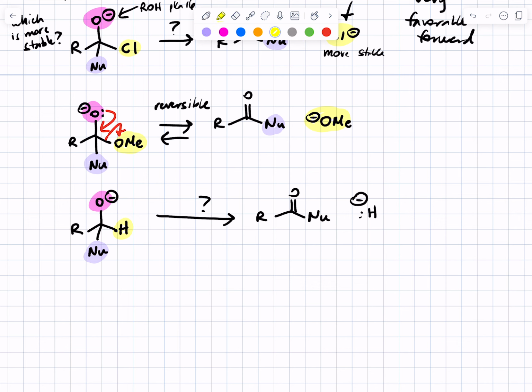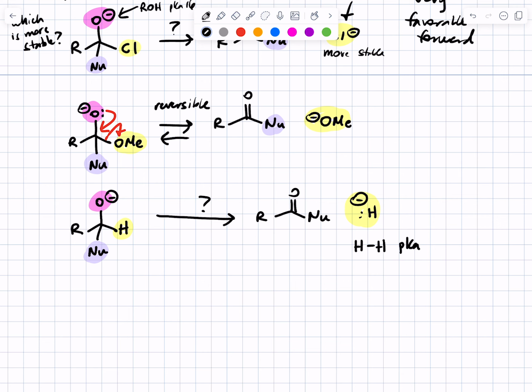And the answer is not without a whole lot of other help. Biology can actually do this. But first, to understand the beauty of biology, you have to understand how terribly unreasonable this is. H minus is a terrible leaving group.